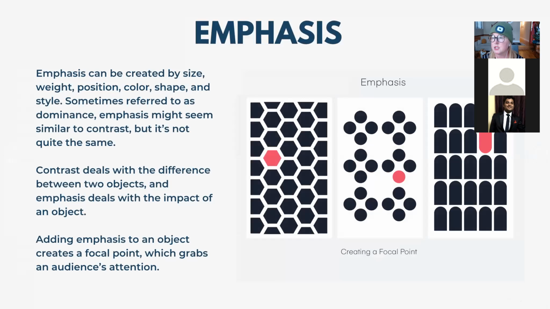Emphasis, very similar to hierarchy in that it draws my attention to one particular point. There's a lot of different ways to create emphasis in an image so that my eye goes to one place in particular and then scans the rest. They do a lot of interesting eye tracking in terms of how readers experience text, but you can even just see formally through these graphic images that contrast is one way to create emphasis, shape is another way to create emphasis, but really giving an image a focal point.